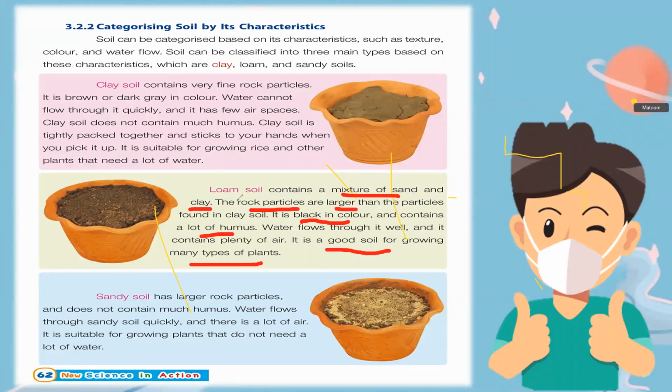Other than that, it contains a lot of humus, and the water flows through it very well, and the color is also very dark. So it is very suitable for growing many different types of plants. So this is loam soil, right? Okay, students, you understand that?